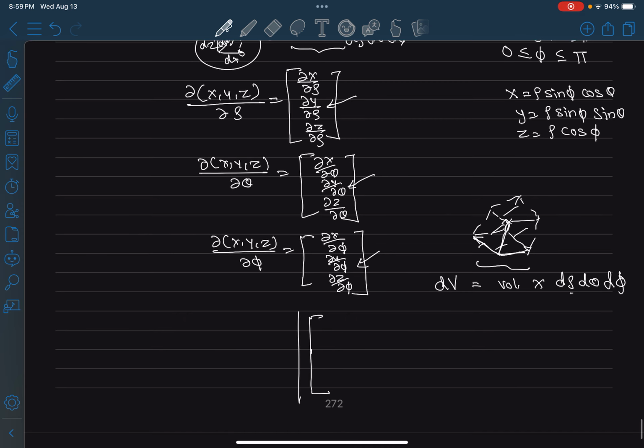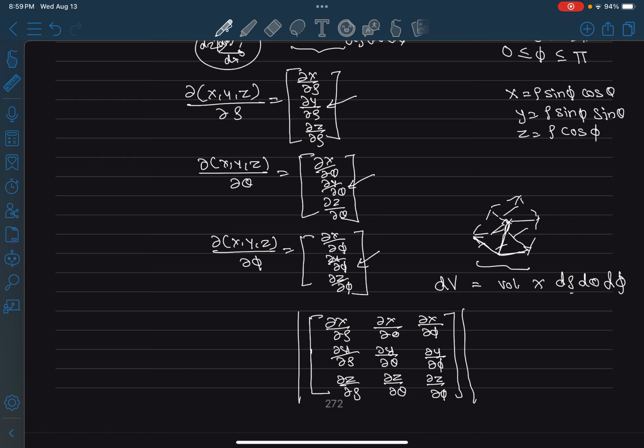So I write all these three vectors as column vectors, and after that I just take the determinant, and that gives me the volume of the parallelepiped. So that's what I'm going to do here: dx by d phi, dy by d phi, dz by d phi. And if I take the determinant, this is the volume of the parallelepiped, right?